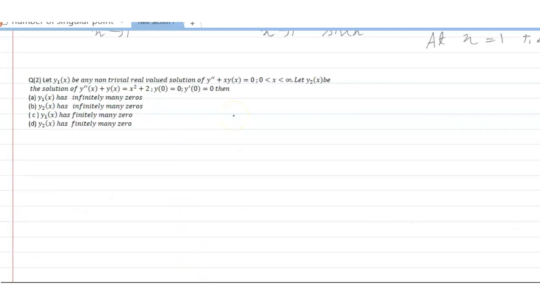Next problem is a very nice problem. Let y1(x) be a non-trivial real valued solution of y double dash plus x y(x) equal to 0, and y2(x) be the solution of y double dash plus y equals to x square plus 2.